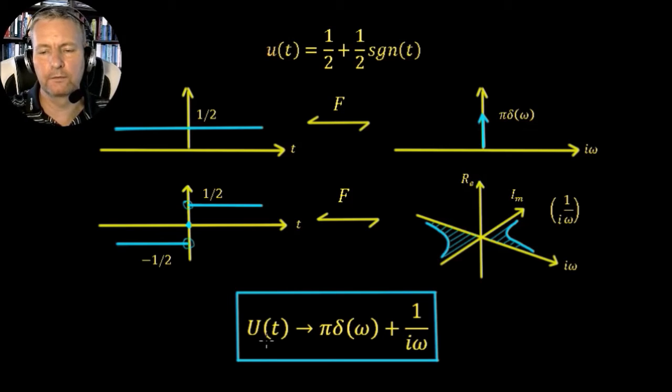So the Fourier transform of the step function is pi delta omega plus 1 upon i omega. Whenever we see it graphically, which we will do just in a minute when we get into MATLAB, we'll see this function here and we'll see the delta omega, and it's really quite interesting to see how both of those come together in one 3D graph.